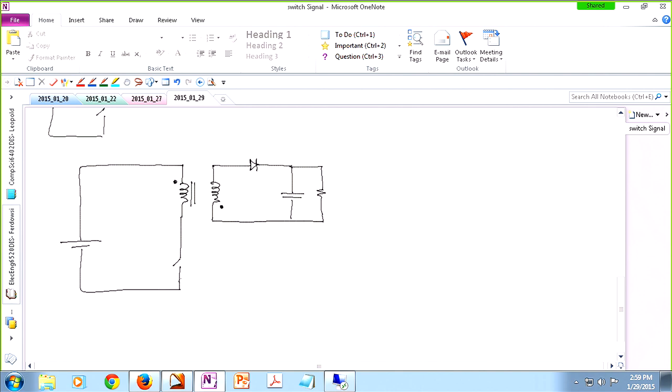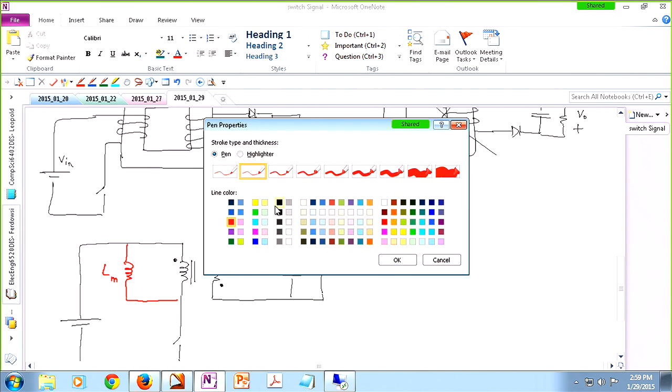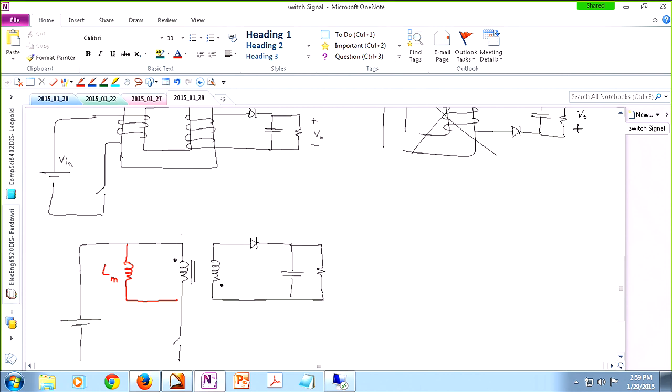All right, and I'm just going to emphasize on it. So this transformer or the coupled inductor or whatever you name it that we have up there can be modeled using an ideal transformer with turns ratios of N1 and N2, for instance, as well as this red inductor that I drew there, which is the magnetizing inductance.